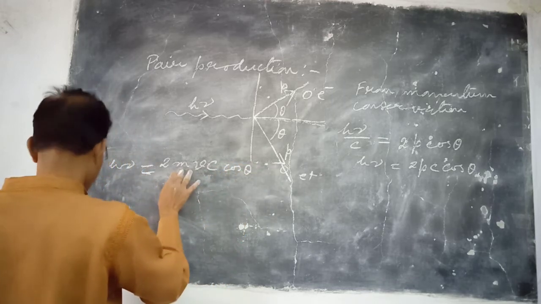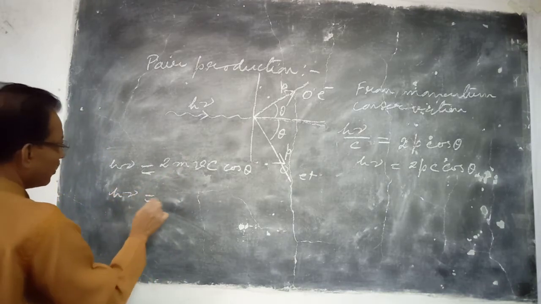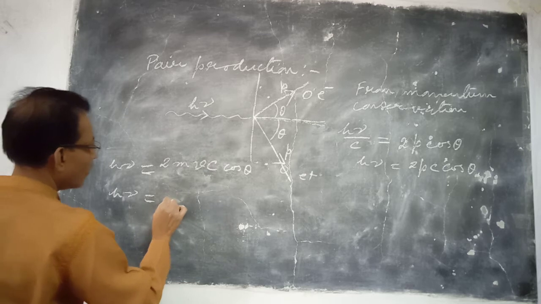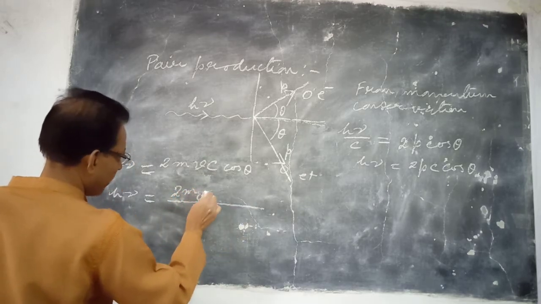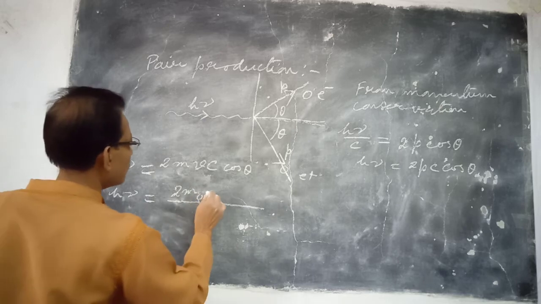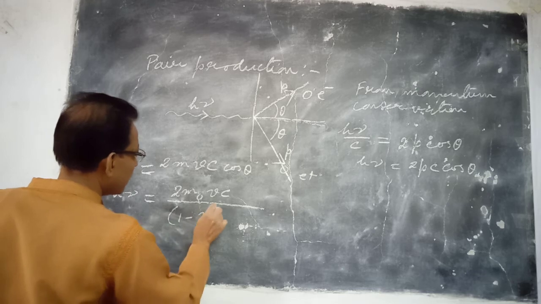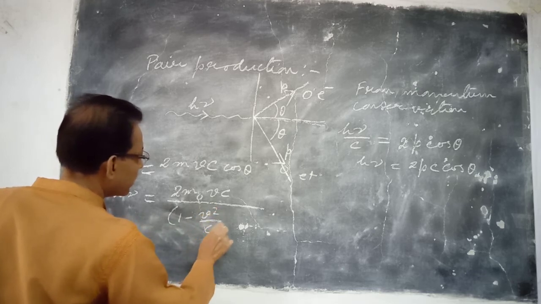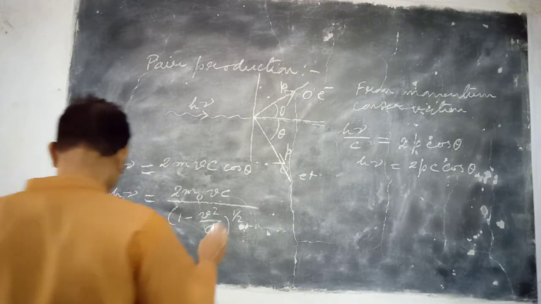If we substitute the value of m here, h nu will be equal to twice m0 v c by 1 minus v square by c square to the power half, into cos theta.